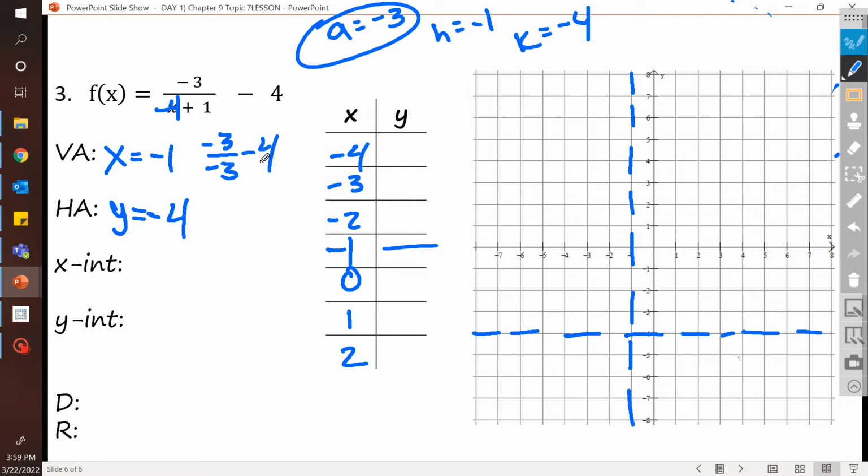So 1 minus 4 is -3. Plug in -3. That's -3 over -2 minus 4. Okay, so what's that? 1.5 minus 4. Got a calculator here. 1.5 minus 4. That's -2.5.